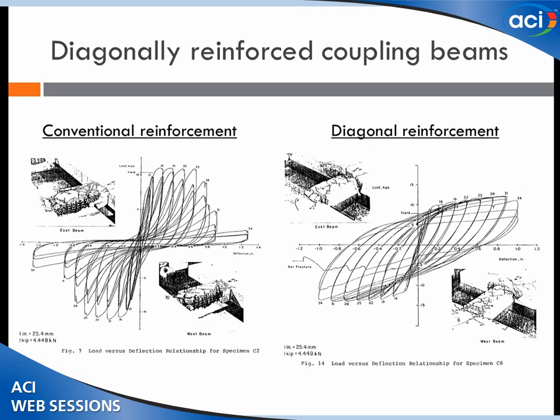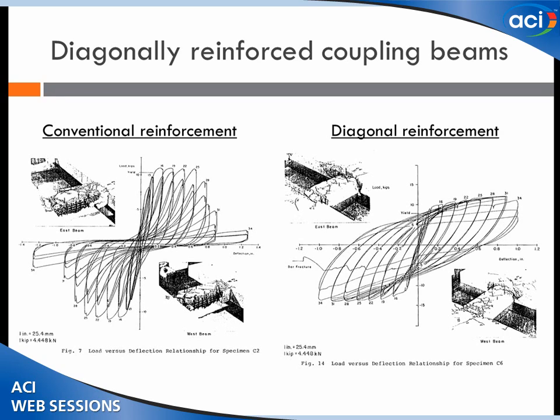And that individual wrapping is very difficult to implement in the field. It's easy to leave something out. Even in research laboratories, we find where the greatest attention is applied to this reinforcement, it's sometimes left out. So the question that came up in the code committee was whether or not it would be acceptable to simply confine the entire beam cross-section.